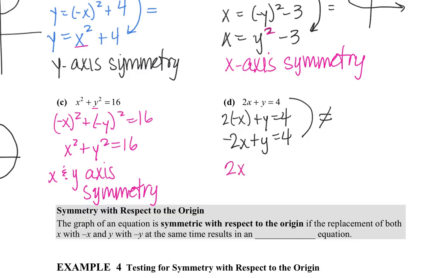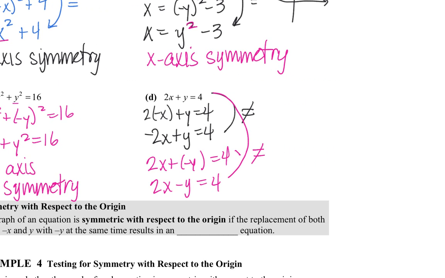Now we got 2x plus negative y equals 4. That's 2x minus y equals 4. Now we look at this, and these two are not equal. So there is no x-axis or y-axis symmetry.